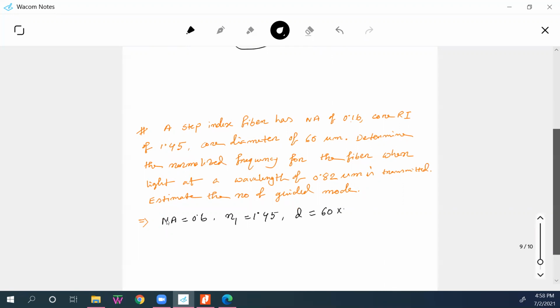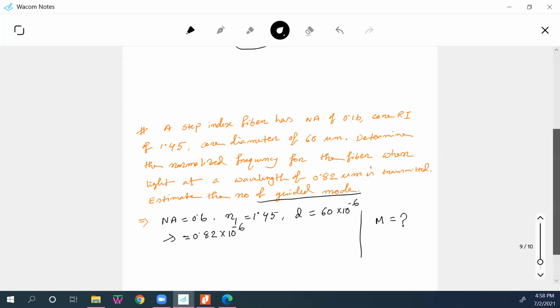The wavelength: lambda equal to 0.82 times 10 to the minus 6. What are they asking for? V and M, the number of guided modes. So we are looking for M, the number of modes.